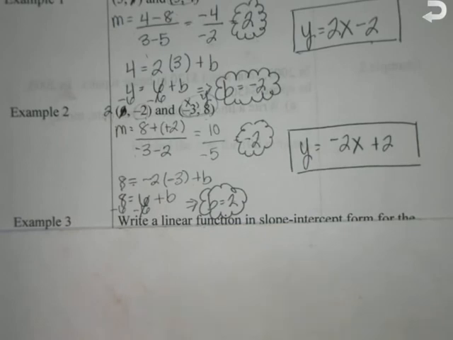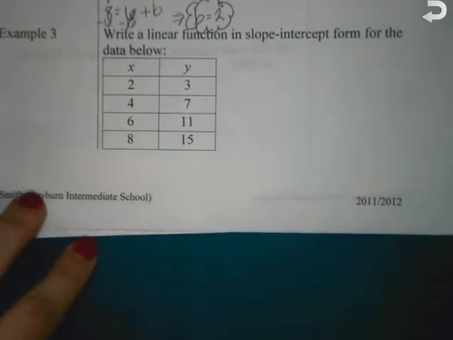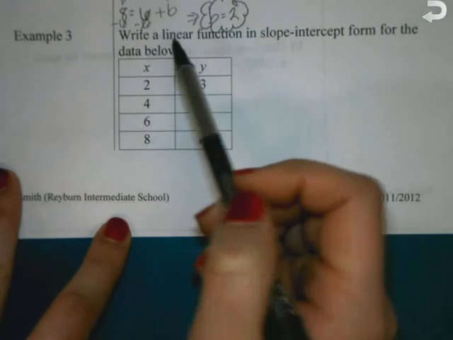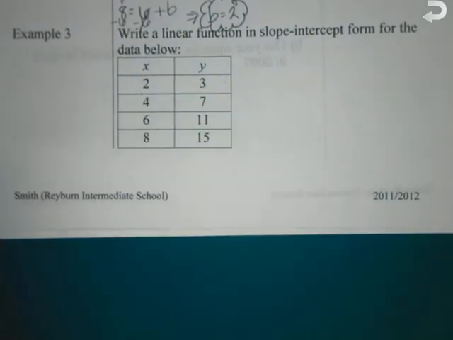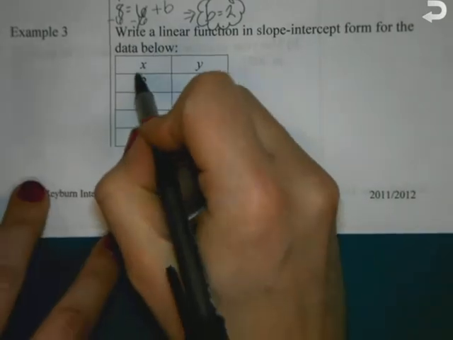Okay, example 3, we are going to see questions like this. Write a linear function in slope-intercept form for the data below. What are these really? I have an x and a y. They're not slopes, they're coordinate points. They're pairs, right? We could put parentheses around each of these, and they would just be points.